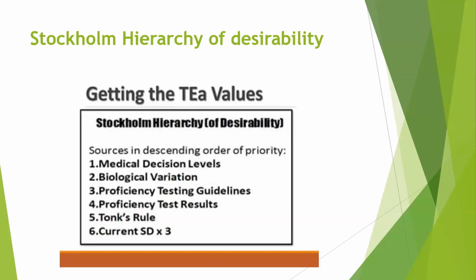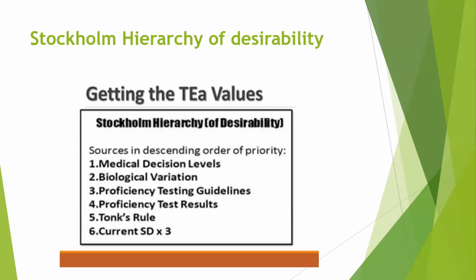So these are the TEA values. I repeat, one is the medical decision limits, so you can set your total error guidelines depending on medical decision limits. That's the first top priority, the best thing to do. Second is the biological variation. The third is the proficiency testing guidelines. The fourth is your proficiency testing results. The fifth is Tonks rule.